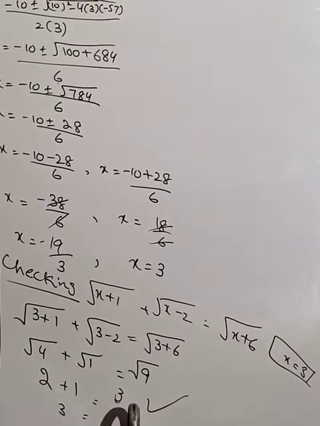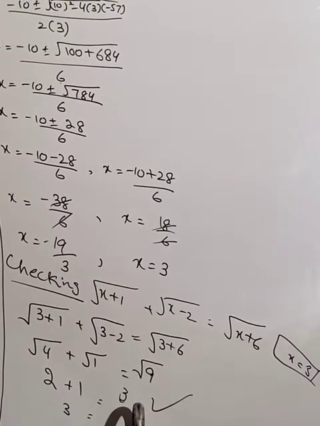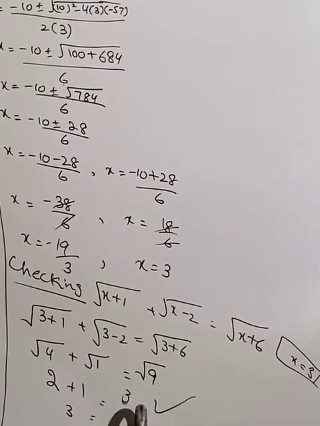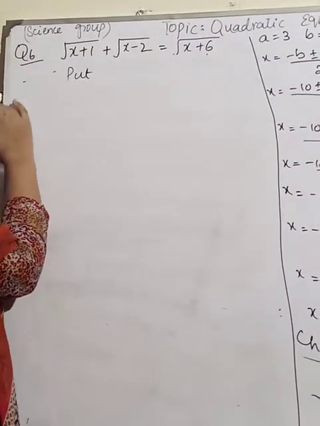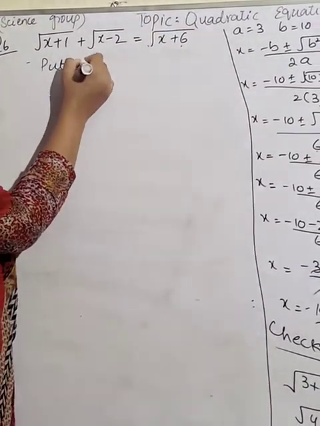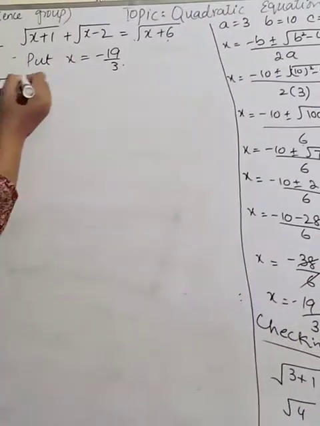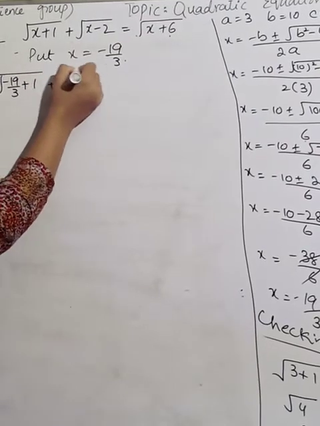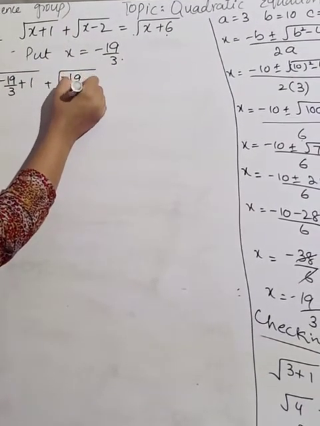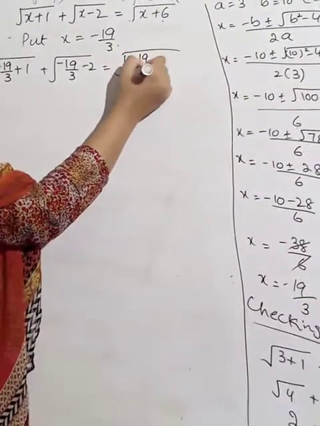Okay. Now we do the checking for the other root. For this purpose, what I need to put now is x is equal to minus 19 by 3. The situation becomes square root of minus 19 by 3 plus 1, again square root of minus 19 by 3 minus 2, again square root of minus 19 by 3 plus 6.